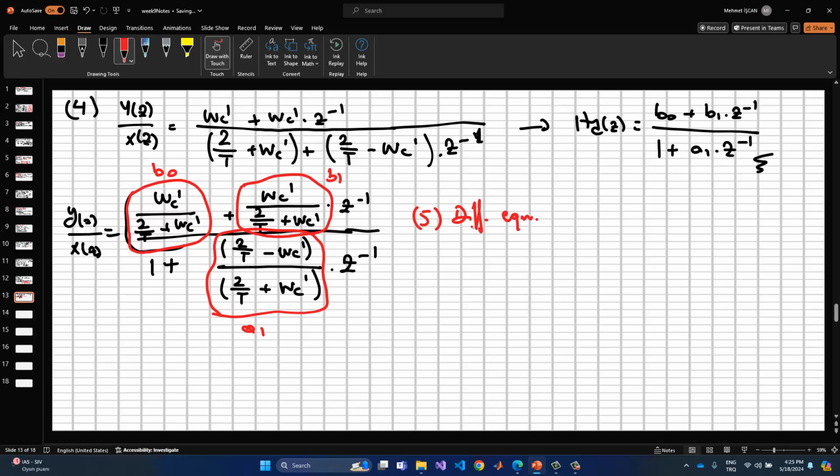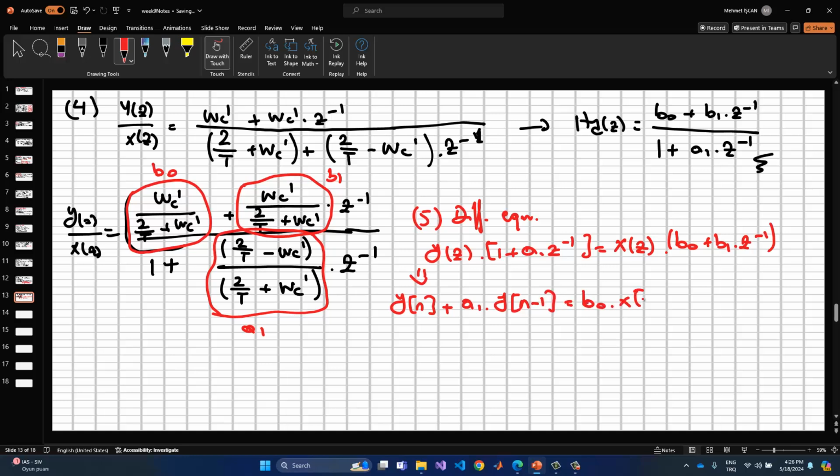If this is the case, then the RC formulation or the difference equation can be given with what? With this formulation: Y(z) times (1 plus A1 z^-1) equals X(z) times (B0 plus B1 z^-1). Okay? And so in the difference equation, y[n] plus A1 times y[n-1] equals B0 times x[n] plus B1 x[n-1], right?